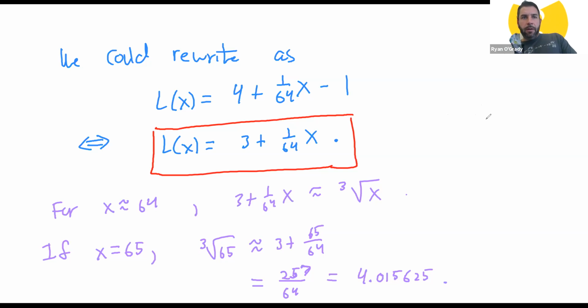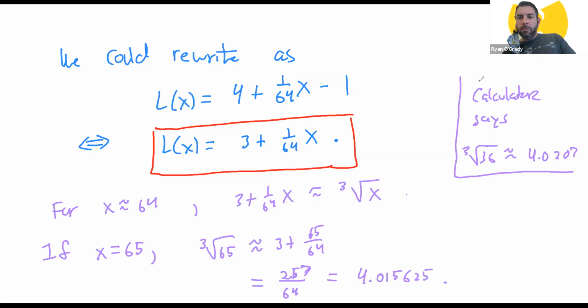So the actual value, using a calculator, says the cube root of 65 is approximately 4.0207. So we are accurate to 1 decimal place, but if we round using the regular convention, we're accurate to 2 places. Why did I write 36? This is 65. It's like my mind is losing itself.